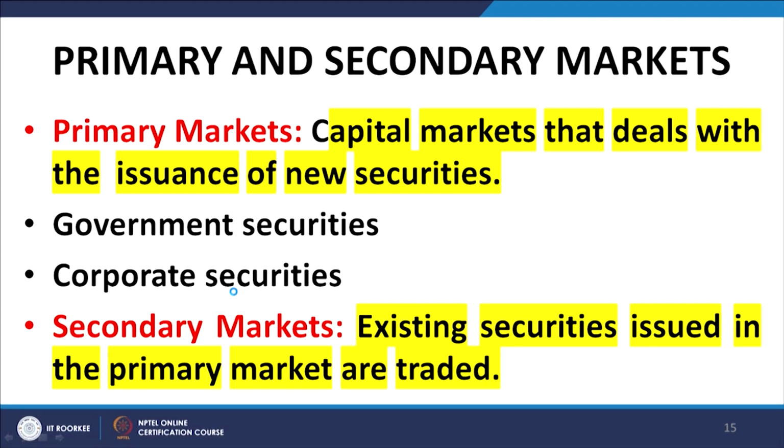In the secondary markets, it is the existing securities that are traded, securities which have been taken up by the investors either in the primary market or through other secondary market trades.